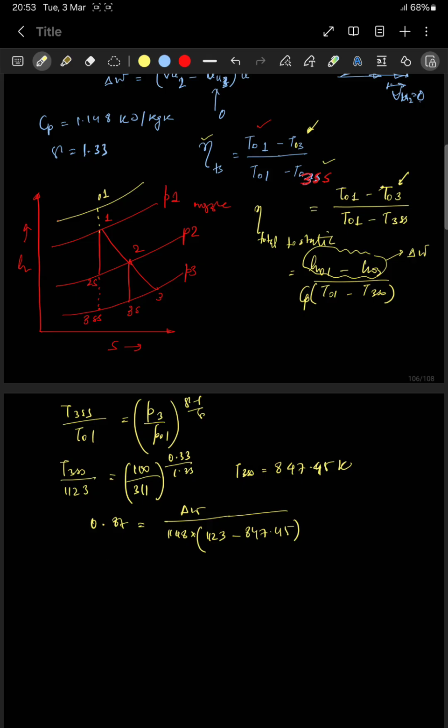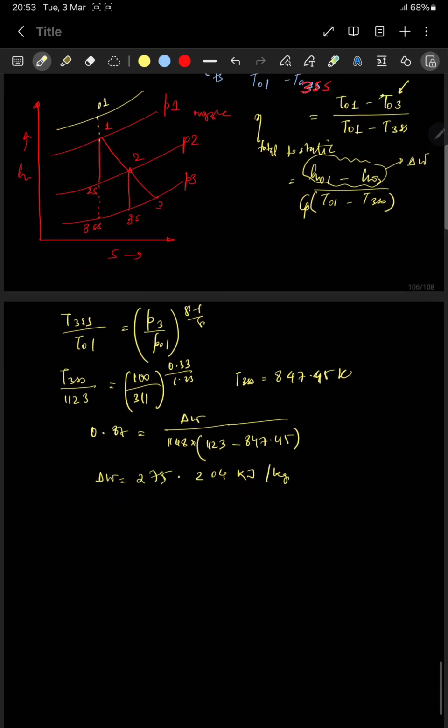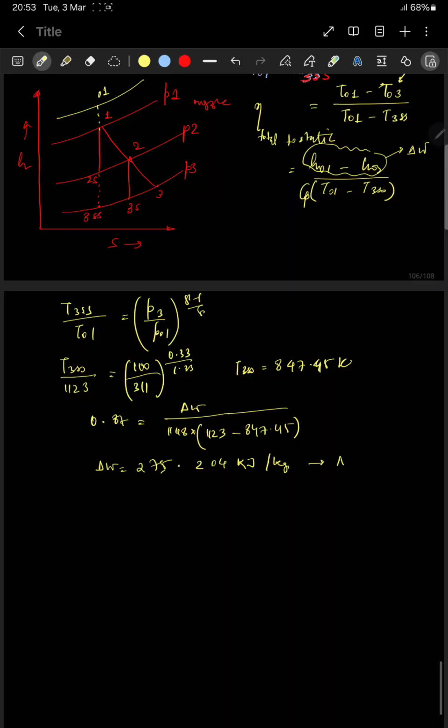It gives me delta W equals to 275.204 kilojoule per kg. This is one answer.